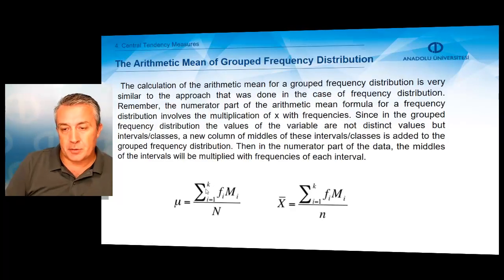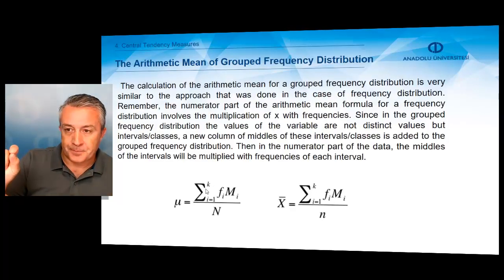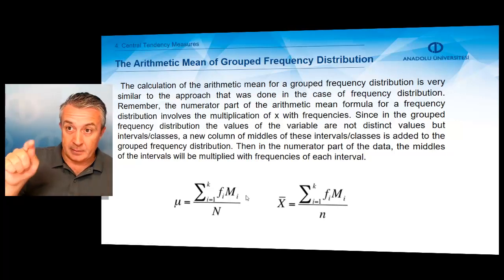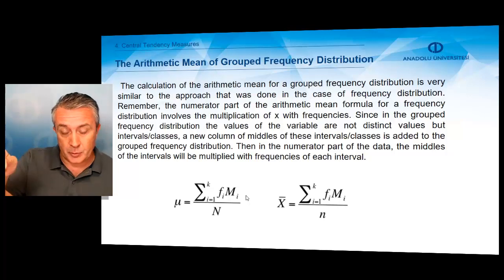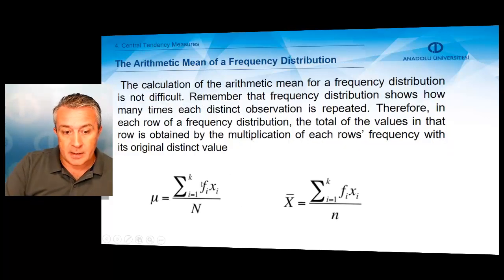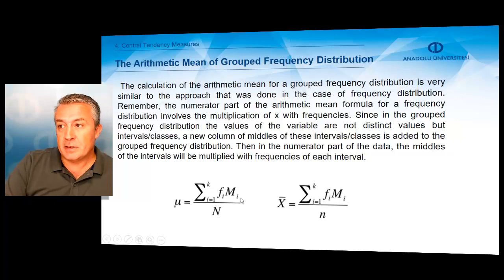But in group frequency distributions, we have an interval and an associated frequency. So what we do here is pick the middle of each category, like 0 to 10, the middle is 5, 10 to 20, the middle is 15, and use them as our x values in this frequency distribution formula, and we call them middle values.